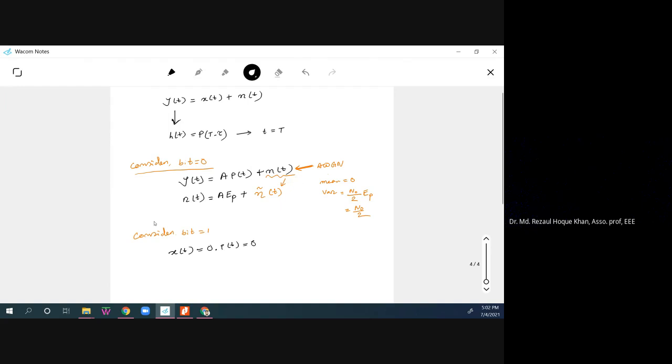So there is no transmitted signal, so no need to derive these two equations. We can just see what the yt will be. The yt signal will be 0 plus nt. This noise is always added, this is the AWGN, so it's actually nt.